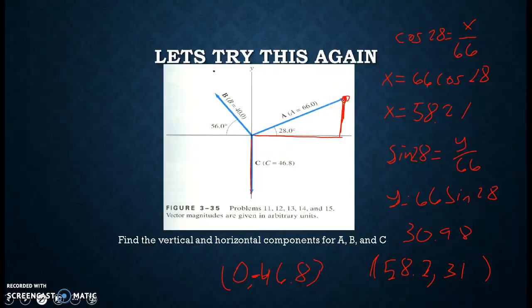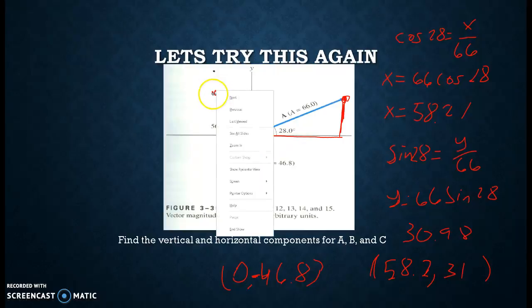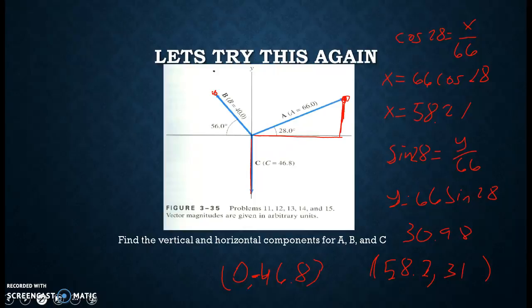If I want to do the same thing for the value for B, I just have to watch what the signs are. For the horizontal component, I'm going to skip the first step and just say that x is going to equal the magnitude, which is 40, times the cosine of my angle, which is 56 degrees.